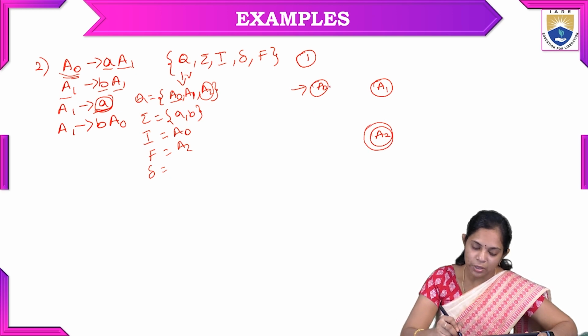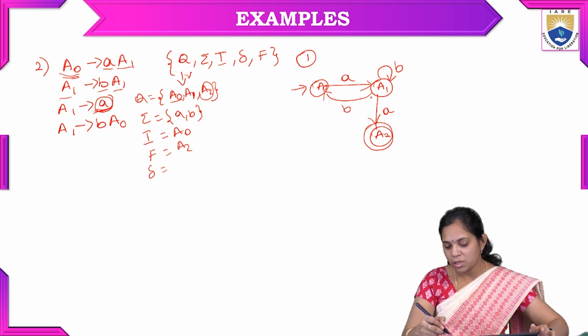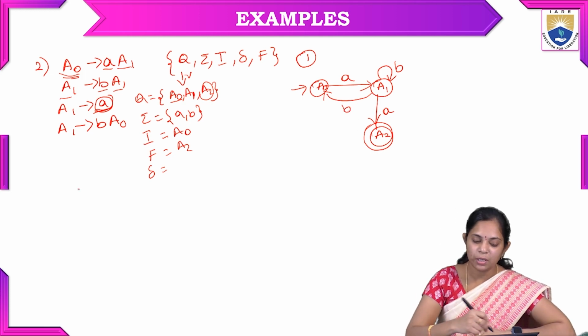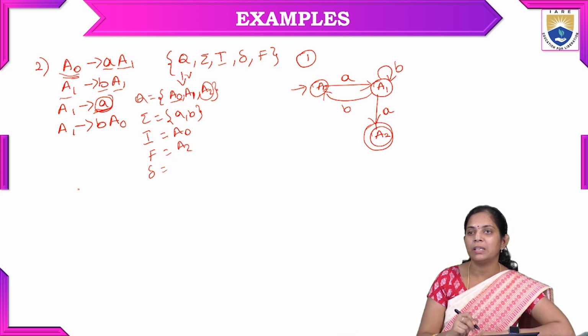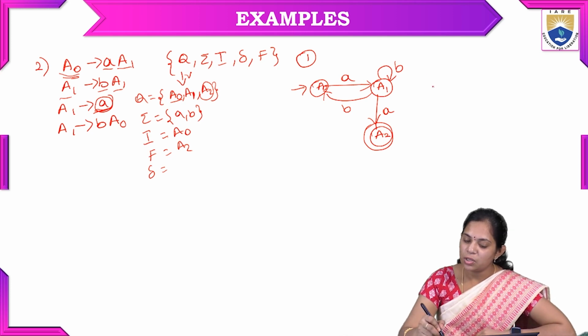From A0, with a as the input symbol, it reaches A1. From A1, with b as the input symbol, it makes a self loop, b. From A1, with a as the input symbol, it reaches the state A2. And from A2, whenever we give b as the input symbol, it reaches A0. So this is the transition diagram which we converted from the given regular grammar.